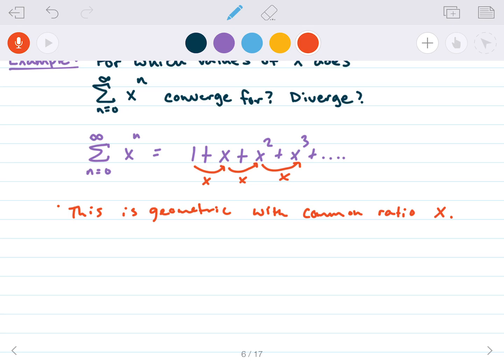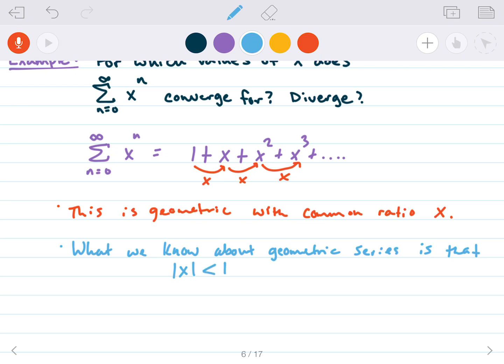And what we know about geometric series is the following: when the absolute value of that common ratio, which in this specific case is x, is less than 1, this thing is going to converge.